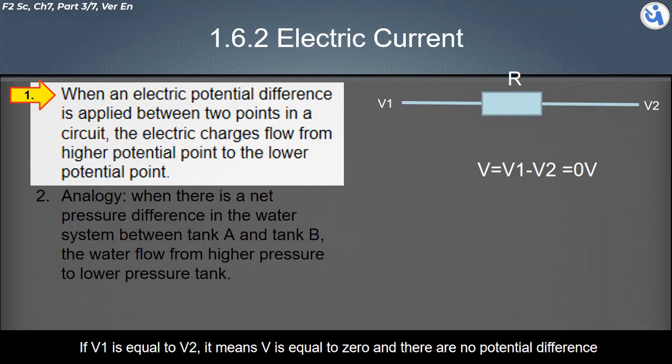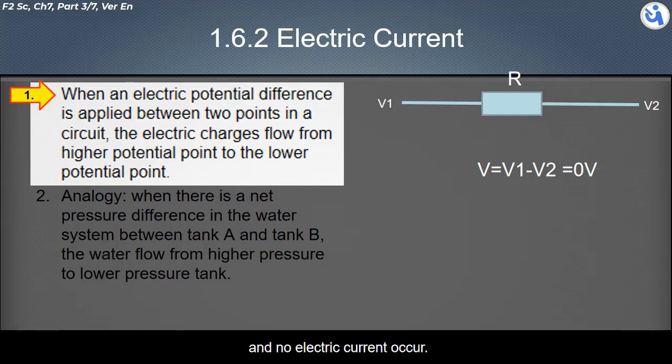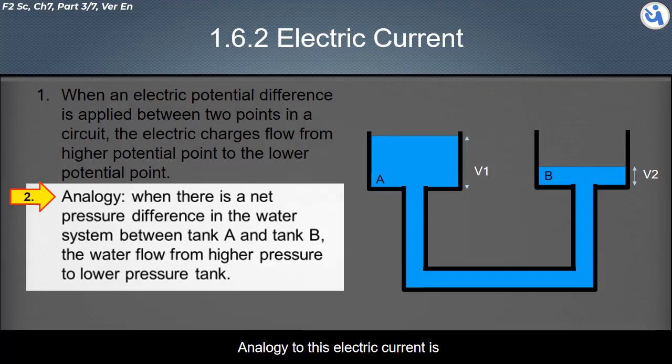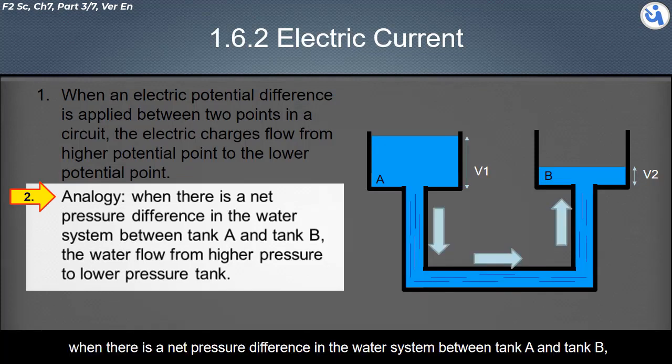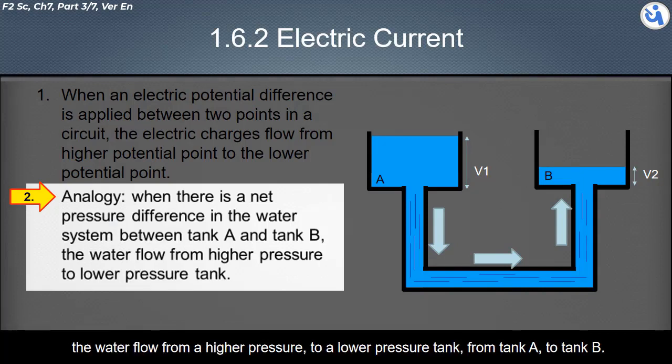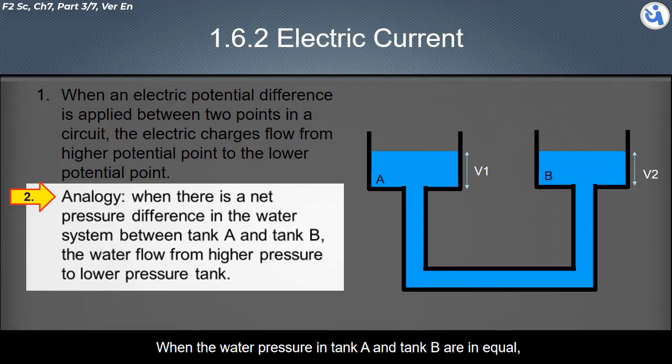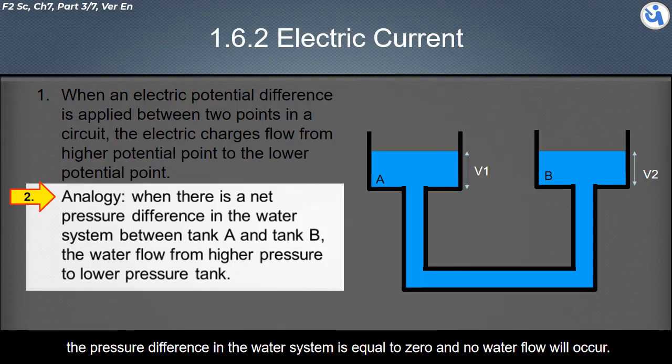If V1 is equal to V2, it means V is equal to 0, and there is no potential difference, and no electric current occurs. The analogy to this electric current is when there is a net pressure difference in the water system between tank A and tank B. The water flows from the higher pressure tank to the lower pressure tank, from tank A to tank B. When the water pressure in tank A and tank B are equal, the pressure difference in the water system is equal to 0, and no water flow will occur.